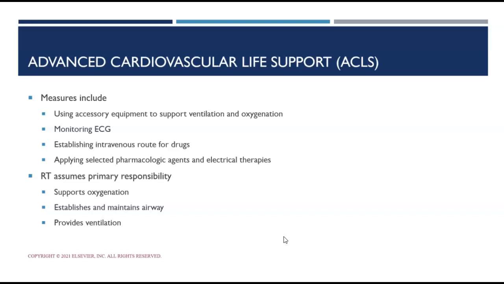IVs or IOs are typically the primary routes that we use nowadays. And then selecting the correct pharmacological agent and electrical therapies to correct the patient's dysrhythmia and get their heart restarted and functioning again.